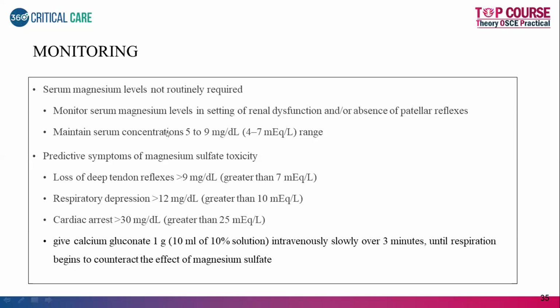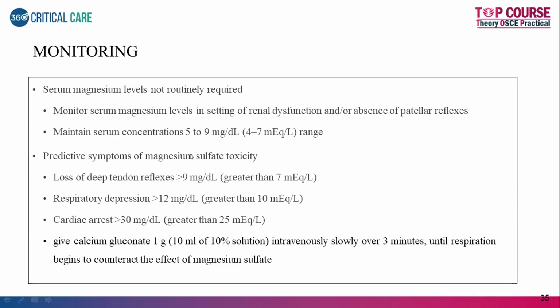Try to maintain the serum concentration between, remember one thing, don't get confused, either remember in mg per dl or milliequivalents per liter. In mg per dl, it is 5 to 9. In milliequivalents, it is 4 to 7. This is very, very important. You need to remember one value, whichever is most commonly practiced in your lab.